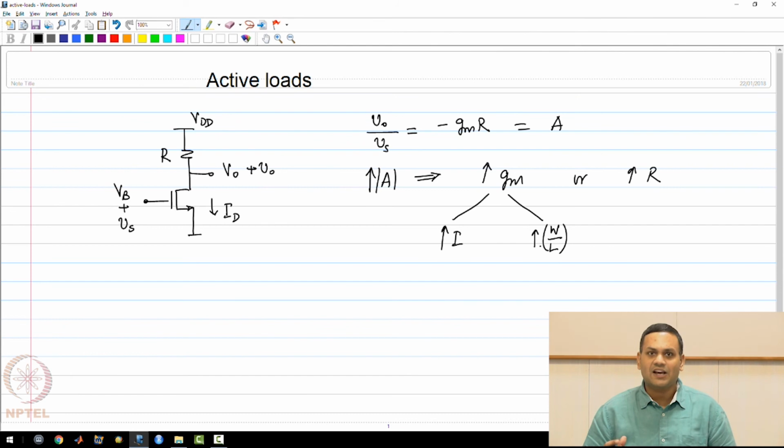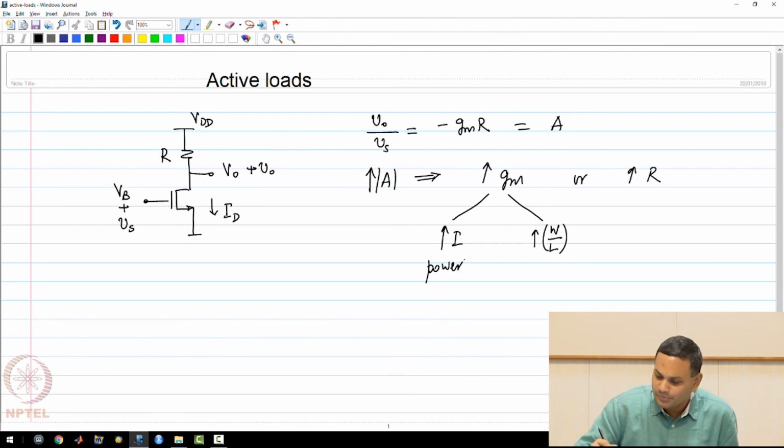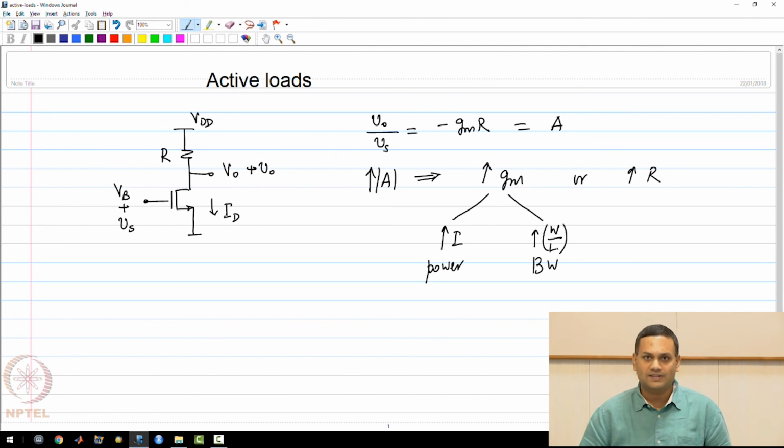If I increase I, of course I'm increasing the power consumption of the circuit, which I do not want to do. If I increase the width over length of the device, I'm actually making the device slower because I'm increasing the capacitance of the device, so the bandwidth gets affected. So this affects power and this affects bandwidth. I do not want to affect either of these as much as possible.